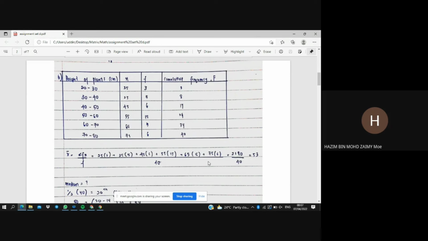So it equals 2130 over 40, which equals 53.